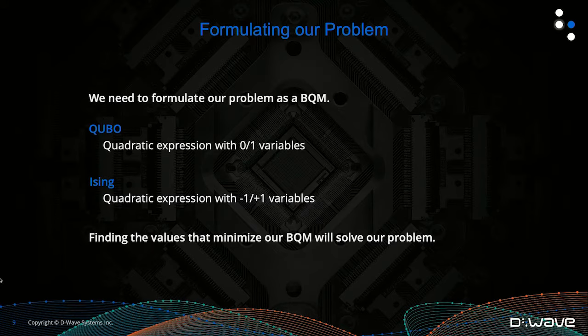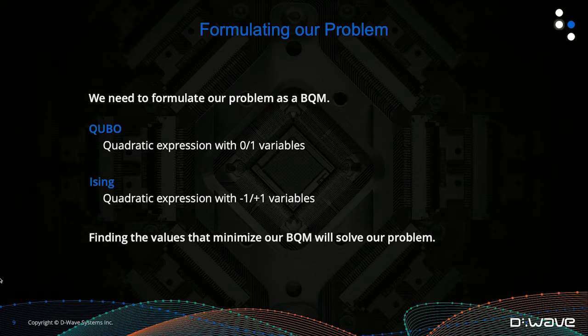So when we formulate a problem as a binary quadratic model, or BQM, we have 2 forms that you can work with for our quantum computer and our Ocean SDK. So we have the QUBO form, which is where our variables take the values 0 and 1. And there's also the Ising form, where your variables can take the value -1 or +1.